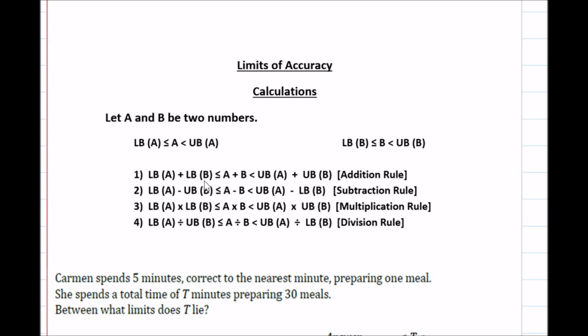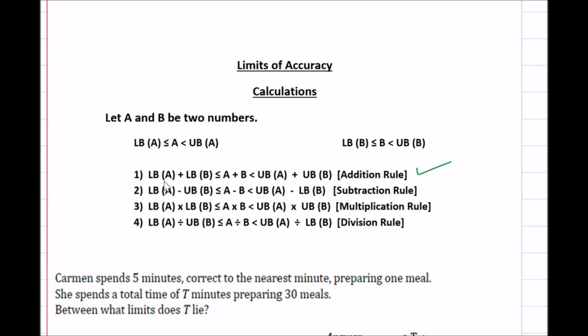To find the upper bound, we will take the upper bound of both the numbers and add together.